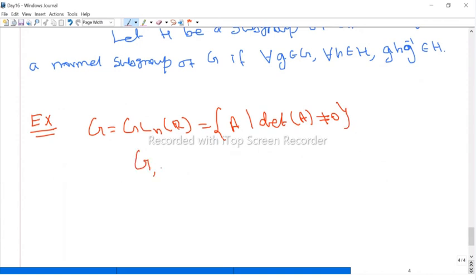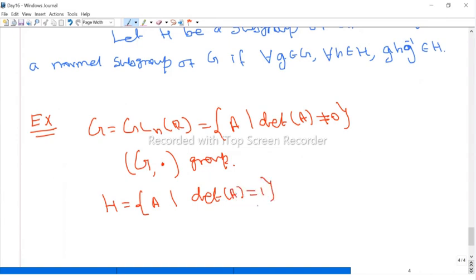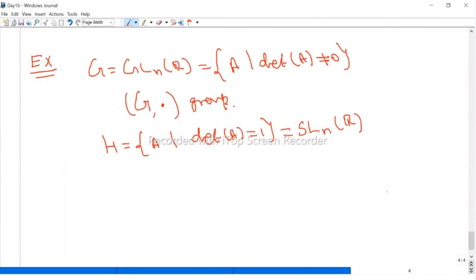Now here I am taking a subgroup, the set of all matrices such that the determinant is 1. Usually we call these SLn of R, the special linear group. It's a very important subgroup.